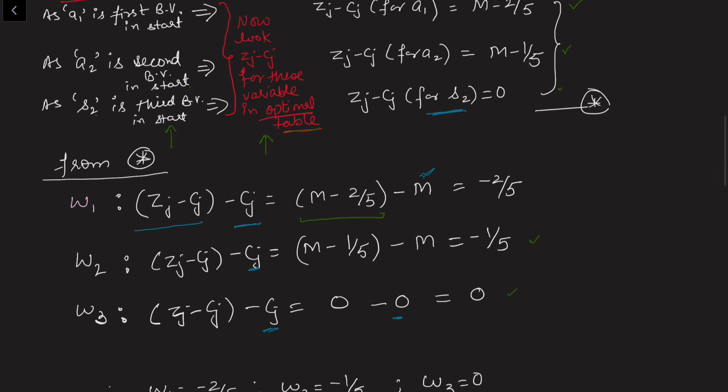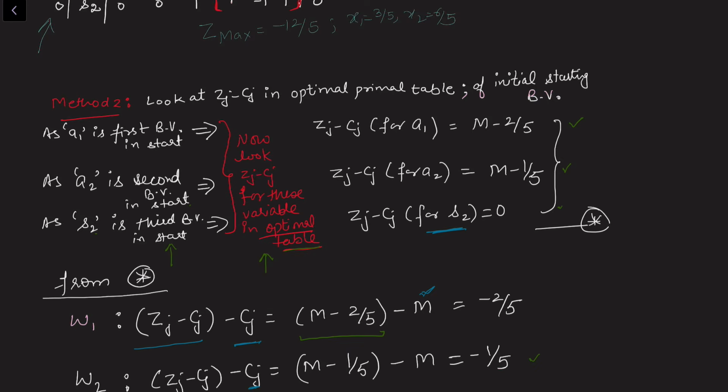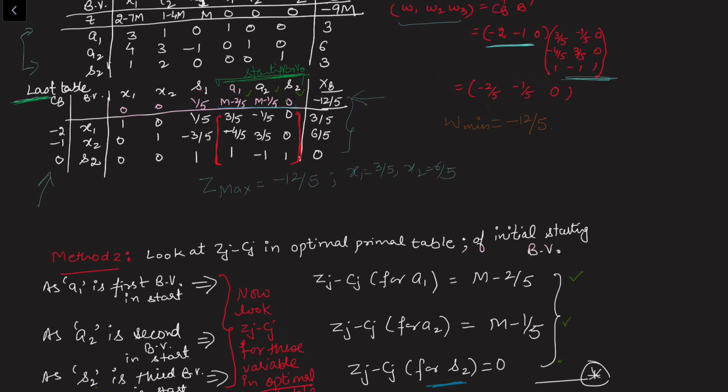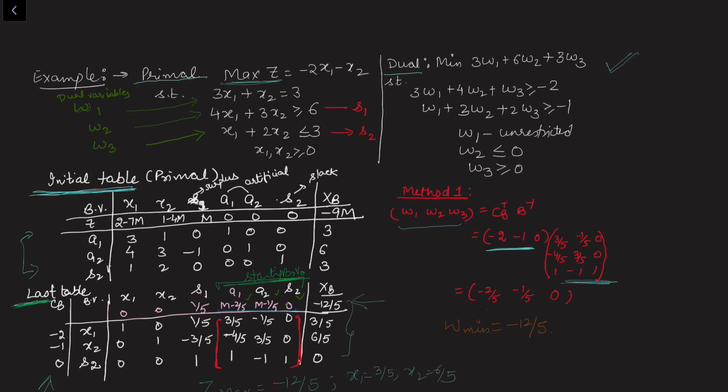So this is one way. But we can also see it directly from the slack and surplus variables. If in the constraint we are using a slack variable, as we see, in this constraint only we are using a slack variable. So Zj minus Cj of the slack variable, S2 being the slack variable, is directly the value of the third decision variable. In the second constraint we have used W2, and there we are using a surplus variable, because S1 is coming from the greater than sign.